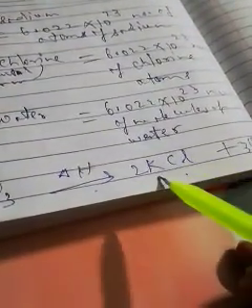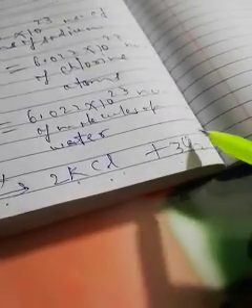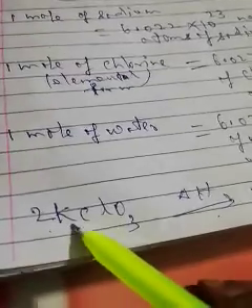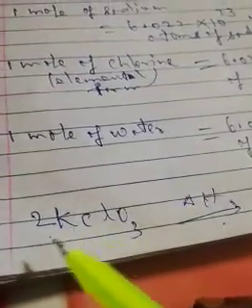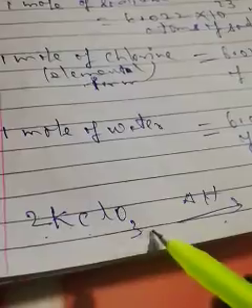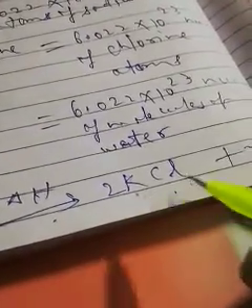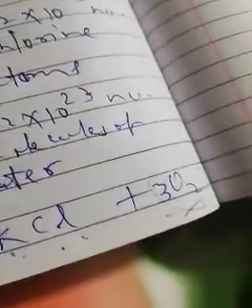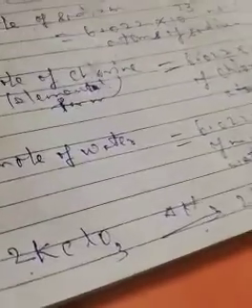That means 2 mole potassium chlorate when heated will give 2 mole of potassium chloride and 3 mole of oxygen gas. Or we can write it in terms of molecules also. 2 molecules of potassium chlorate give 2 molecules of potassium chloride and 3 molecules of oxygen gas. So this is true with molecules as well as mole.